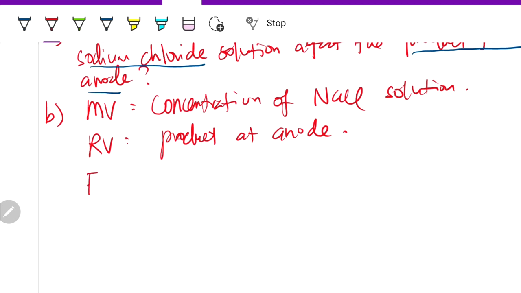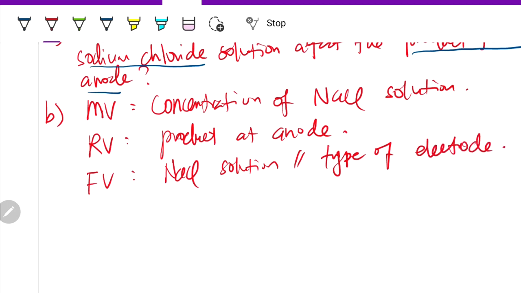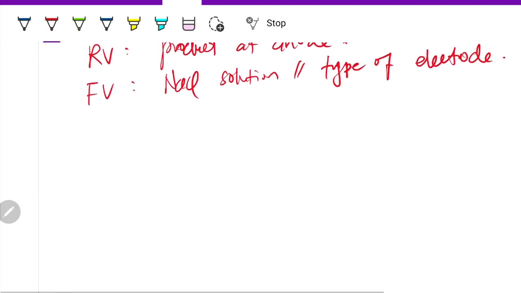Fixed variable we have, we use the sodium chloride solution, or we can write type of electrode used, that is carbon, C.